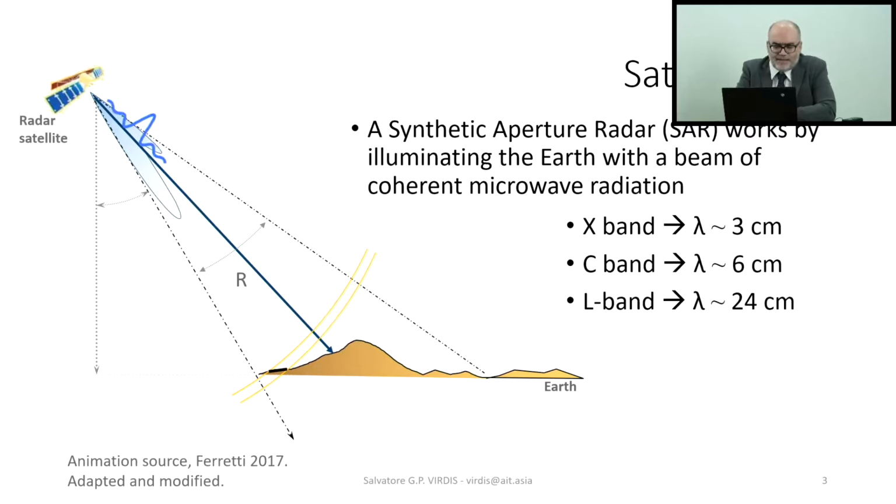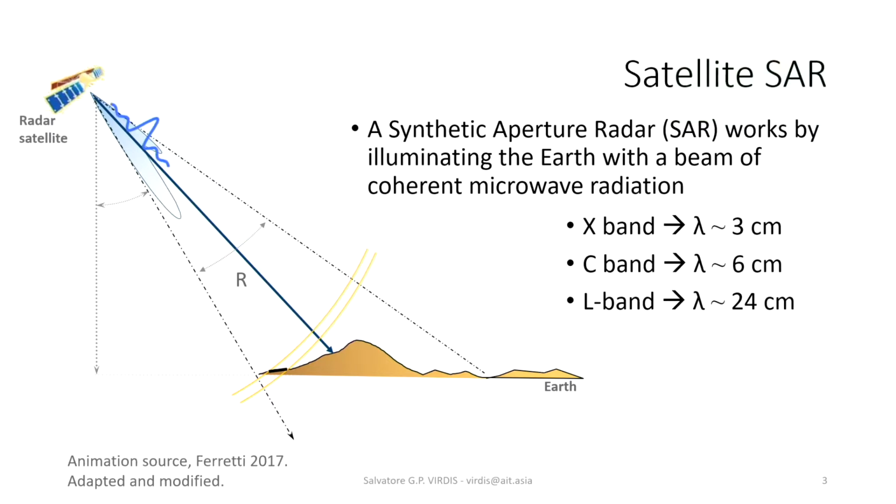Usually, SAR sensors work with three main frequencies called X band, C band, and L band. X band frequency corresponds to a wavelength of about 3 centimeters, while C band SAR corresponds to a wavelength of 6 centimeters, and L band to a wavelength of around 24 centimeters.